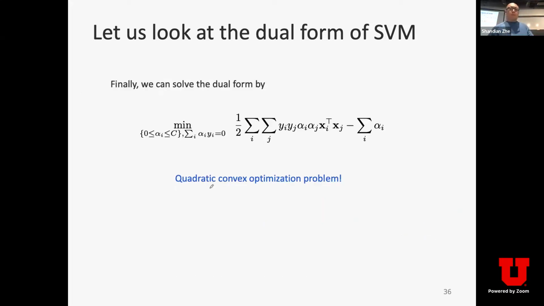So now we come to our final dual form of SVM. Essentially, we're trying to solve a quadratic optimization problem with respect to alpha i only, subject to some constraints over alpha i. Those constraints are every alpha i must be between 0 and C, and there is a linear constraint: the combination of alpha i and y i is simply 0.